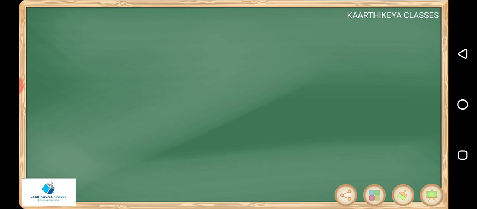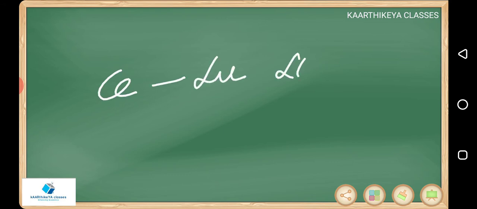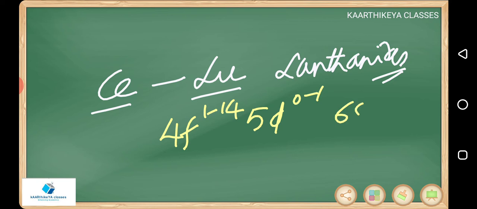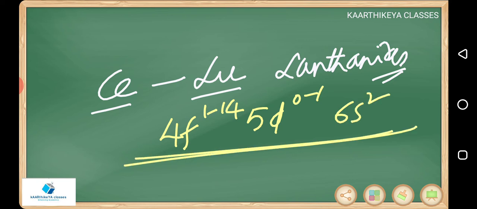One other point you remember: cerium to lutetium, the elements are called lanthanides. Of this, the interesting part is the general electronic configuration. When writing, what we write is 4f1 to 14, 5d0 to 1, and 6s2. Generally, students won't concentrate on such things, but the specialty is here.